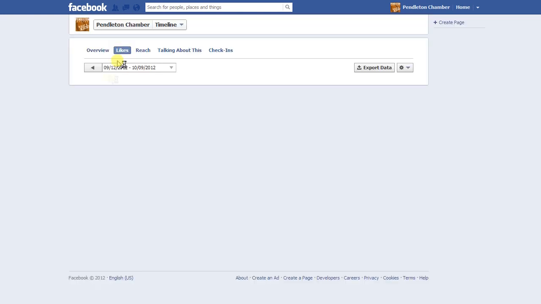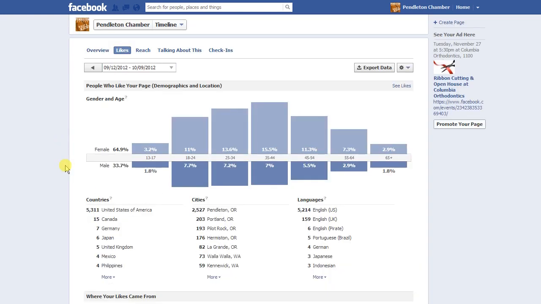So likes for the Pendleton Chamber of Commerce, which has a national, worldwide event, probably means they have fans from all over the world. So we can look there and see the distribution, again, 65-33, not unusual. A wide swath of people, young people 18 to 24, all the way to 64 years old.